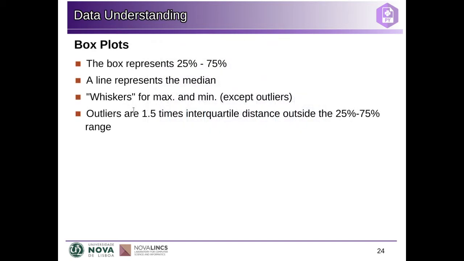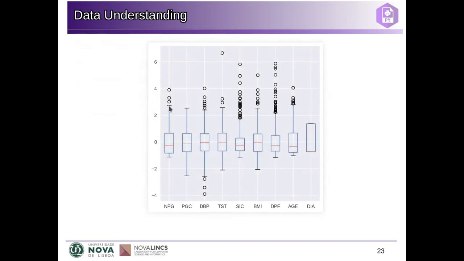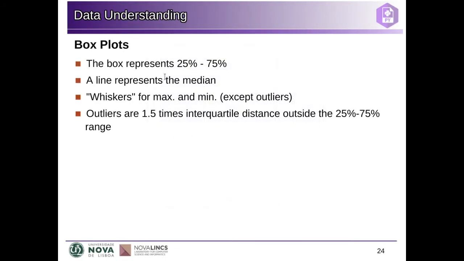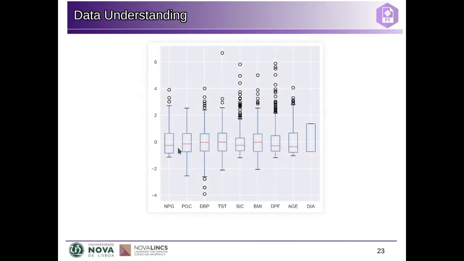Then we have these whiskers that tell us where the maximum and the minimum of the distribution are, apart from outliers. So this is where our distribution ranges when we ignore the outliers. This red line here represents the median value, the central point of our distribution, and then you can represent the outliers as individual points.